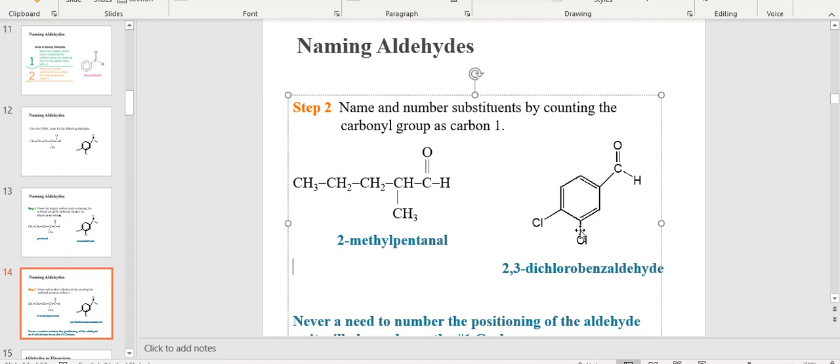If you're going to place where are these chlorines? Well, this one here obviously has to be number 1. So you start counting from here, find your shortest side to the chlorines. So if this is number 1, 2, 3, 4. If I went the other way, 1, 2, 3, 4, 5, no good.